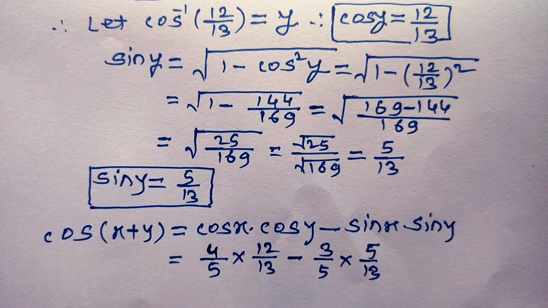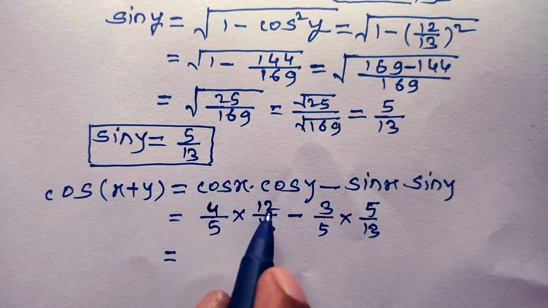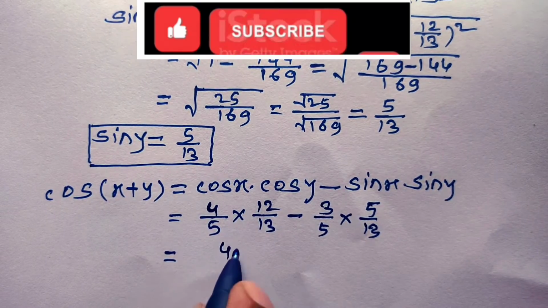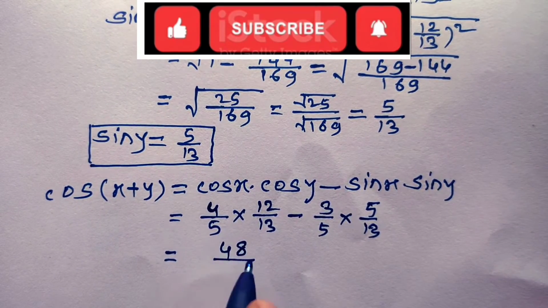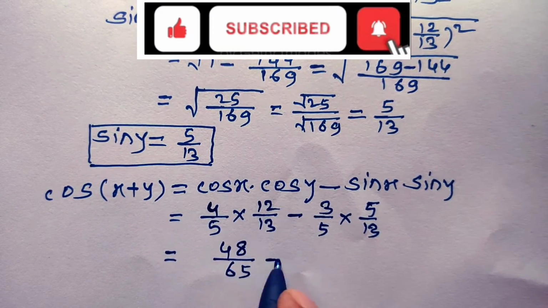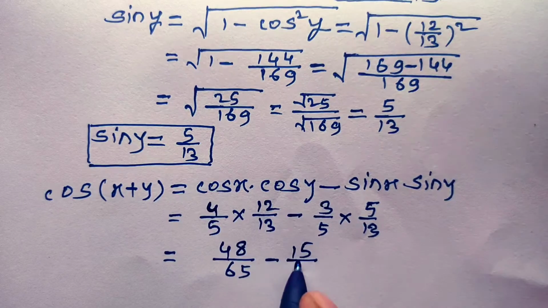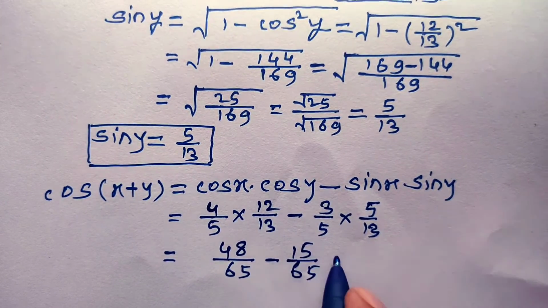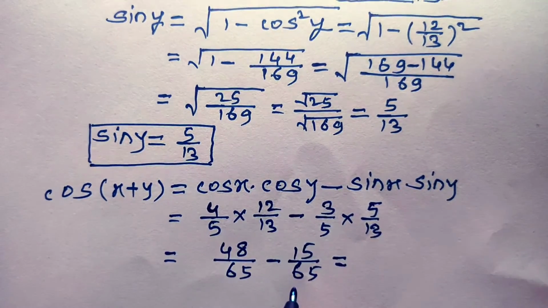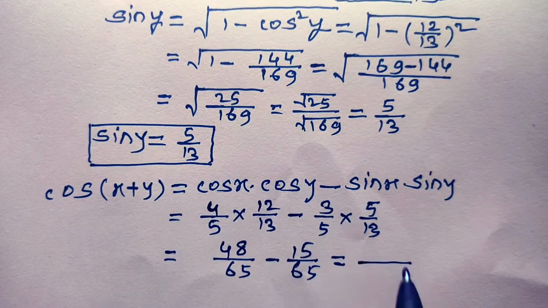Let us simplify this. This is equal to 4 into 12, 48 divided by 5 into 13, 65 minus 3 into 5, 15 divided by 65. Denominators are same, hence LCM is 65.